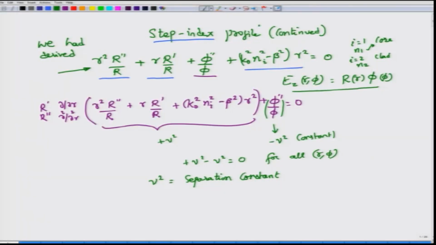The sum of these two will always be equal to 0, of course, that is the original equation condition, and because that has to be 0, these two terms individually must be equal to constants, and further the signs of these constants must be opposite to each other. So, that is the reason why I have chosen the separation constant to be minus nu square and plus nu square for the function which I have written as a function of r alone.